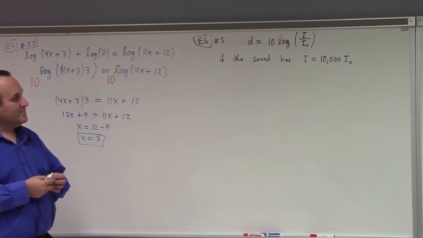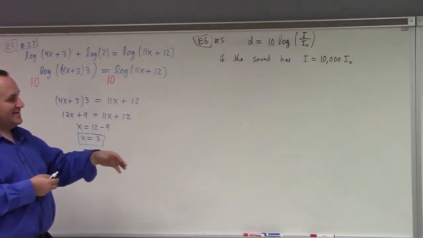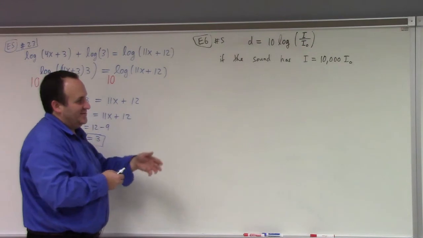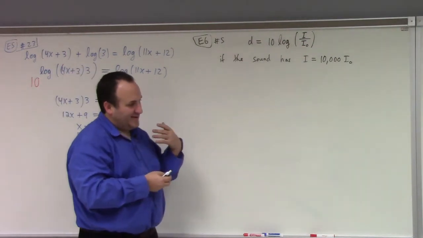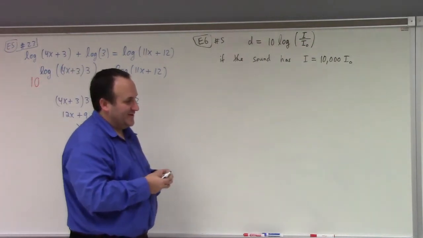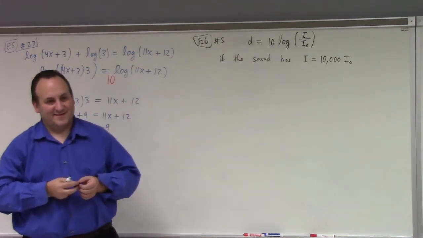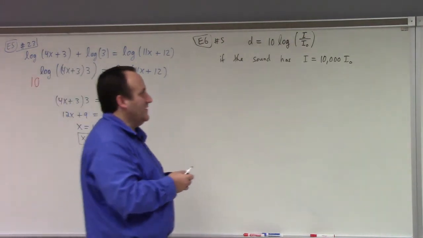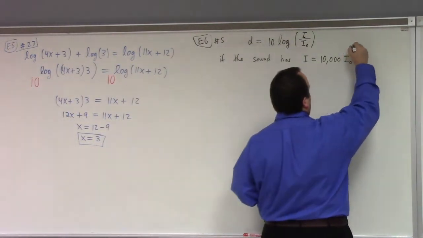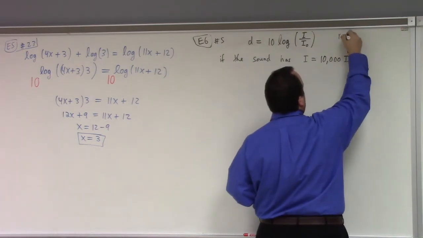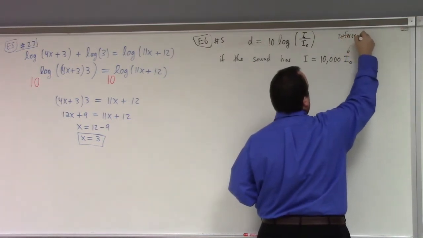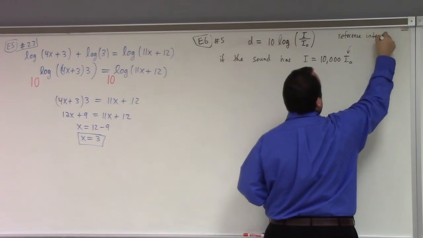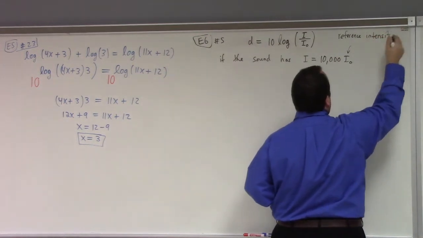I don't know. So I said, well, maybe I sub naught is like the intensity of your king yelling at you from 10 feet away at his loudest. Maybe that's I sub naught. This right here is just a reference intensity. So it's not really told in the problem what that is.